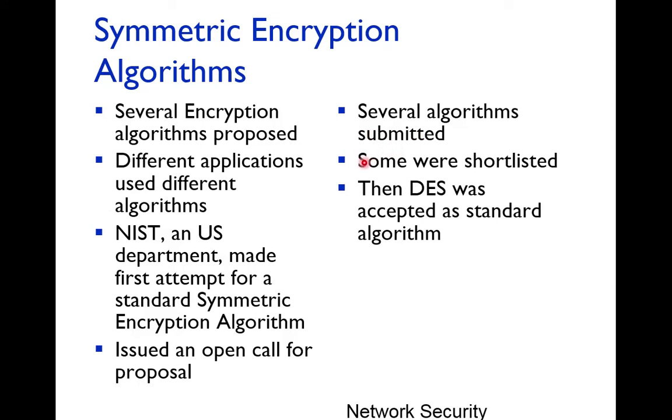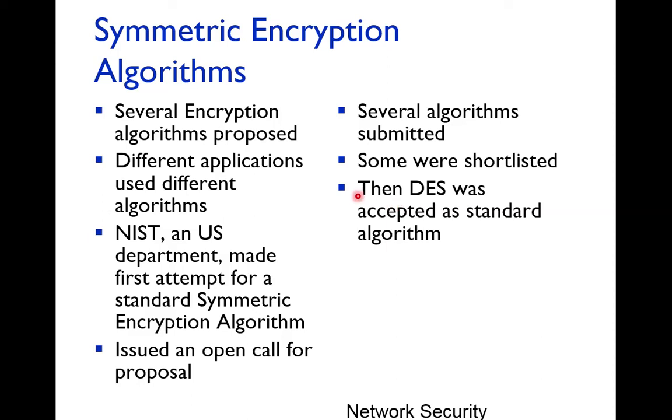Then among those shortlisted, one algorithm was selected, and that algorithm was called DES. This algorithm was selected as the standard algorithm, and then it was used by each and every application on the internet.